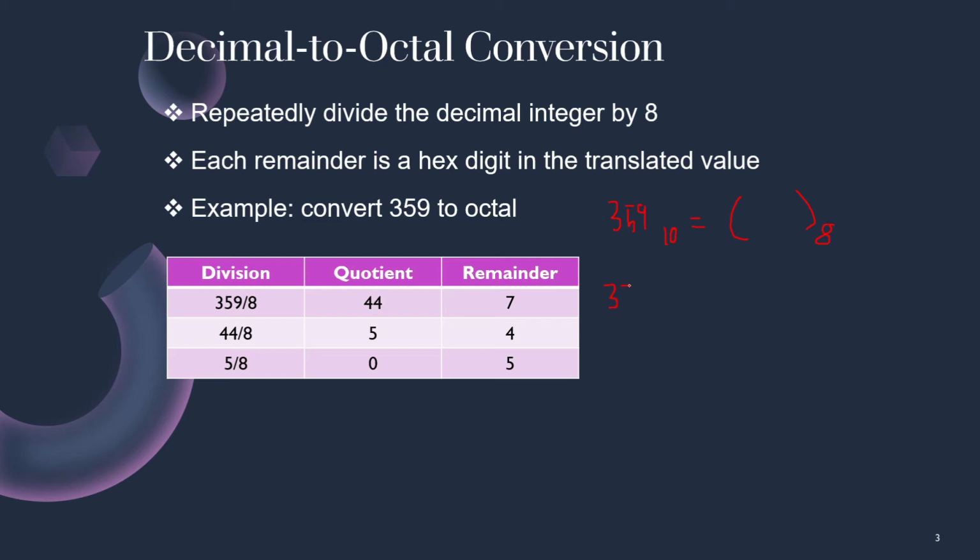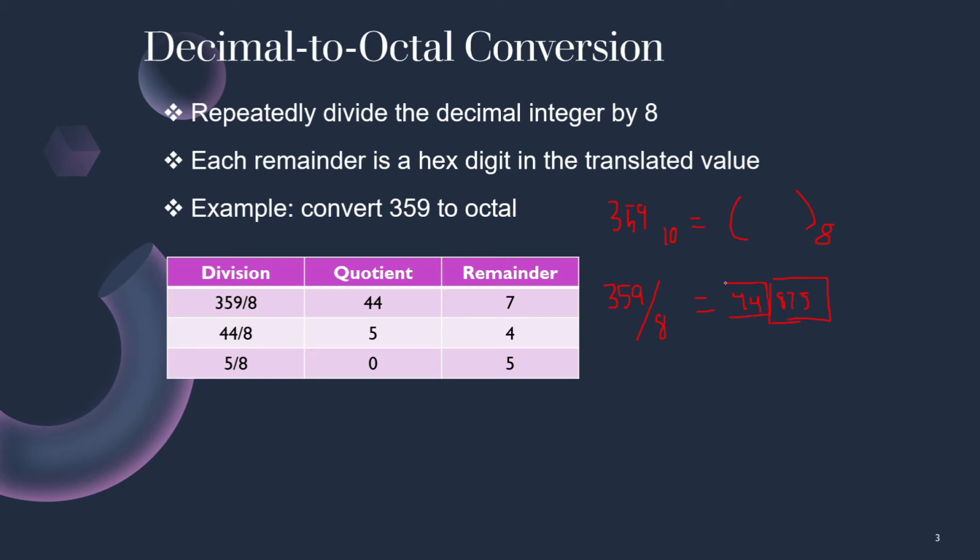So what we're going to do is divide by 8, and we're going to try to find the whole integer value that it goes into. So 359 divided by 8 is 44.875. This fractional part is the remainder, and we want to kick that out.